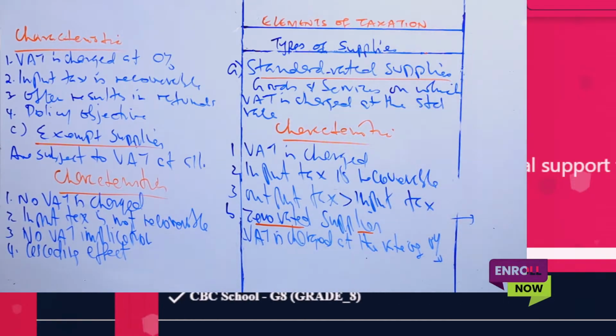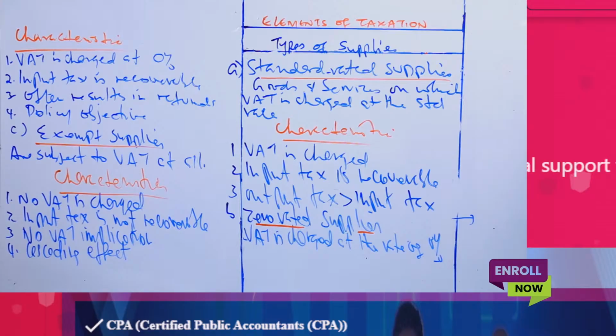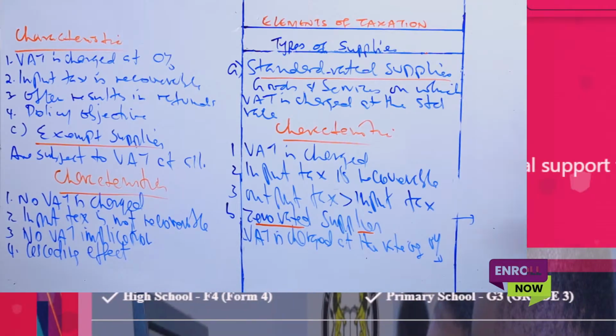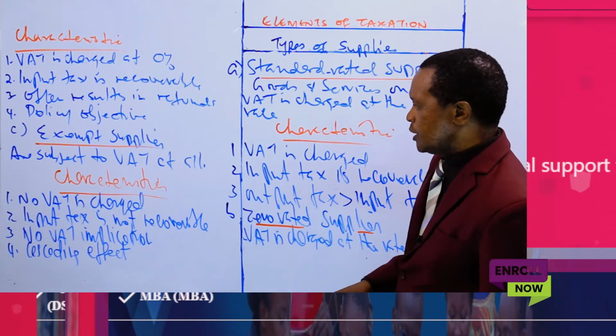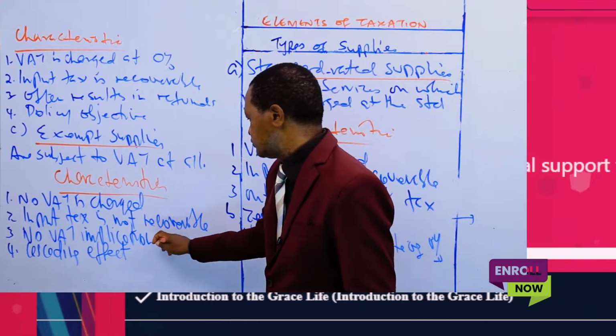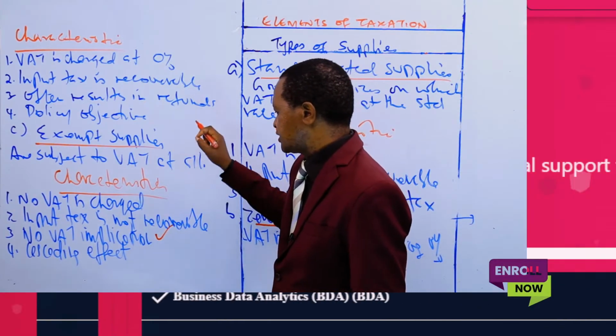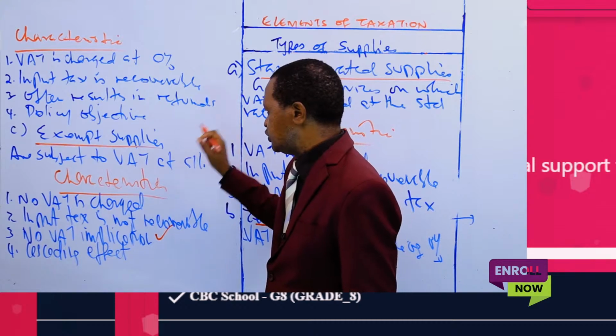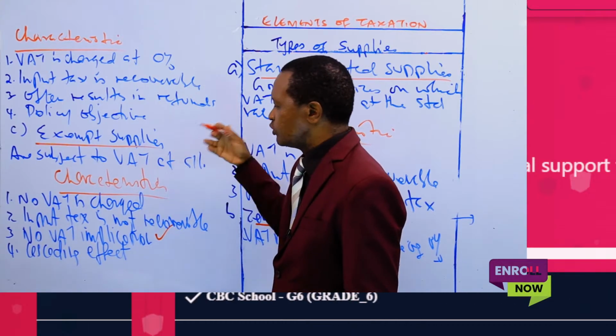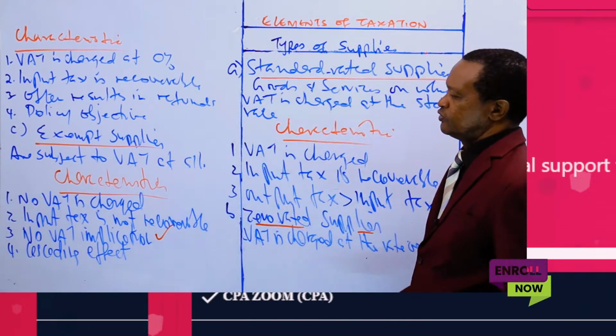The obvious answer could be VAT registration. This classification determines if a business needs to register for VAT. Just as we have seen here, no VAT implication. Companies that are dealing predominantly with exempt supplies are not required to register for VAT purposes.